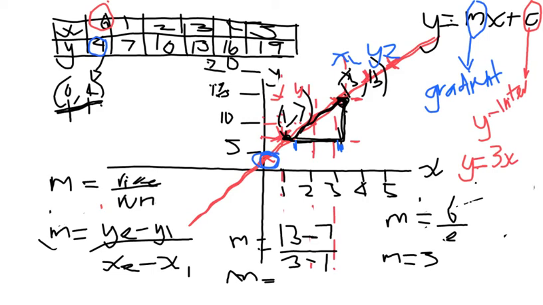So all we have to do to complete our linear equation is say plus 4. And this is how you find the rule of a linear graph. If our y value was negative 4, in our rule it would be take 4.